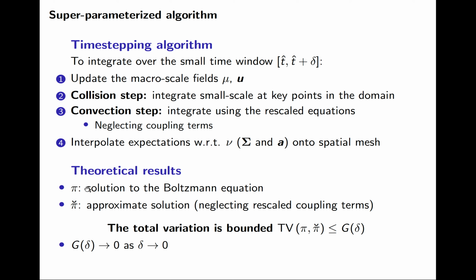So the main result that we have from our analysis is that if pi is the true solution to the Boltzmann equation, and pi hat is the approximate solution, so the solution that we get by solving our model, neglecting the coupling terms in the rescaled domain, we can actually prove and bound that the total variation, so the error between these two distributions, our true distribution and our approximate distribution, is bounded by some function g of delta, where delta is the small scale time window, and we can show that g of delta for any finite time goes to 0 as delta goes to 0, so as we take smaller and smaller time steps.